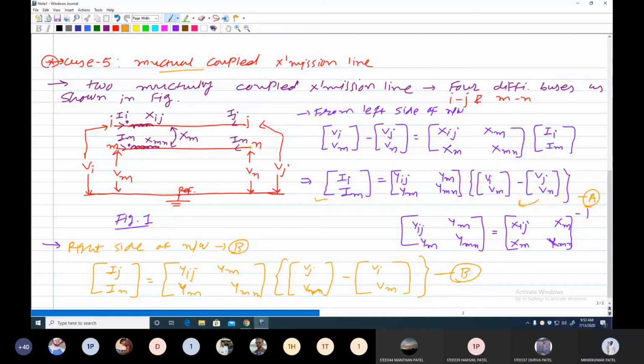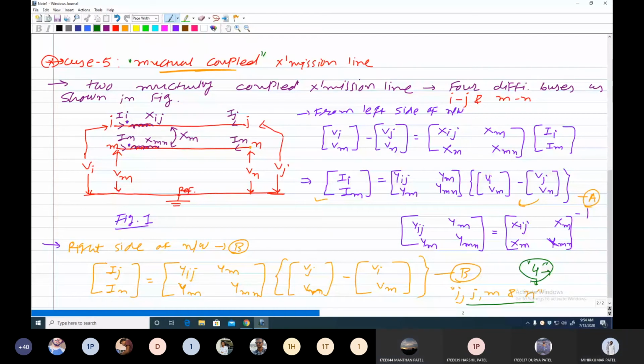We have a total 4 bus network. So how many elements get affected?